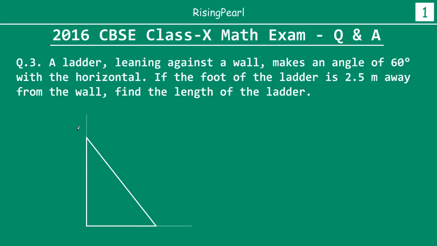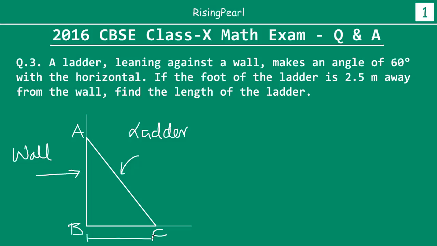Let's give a name to our right triangle. Let's say this is ABC, and this is the wall, and AC is our ladder. This is the ground, and this measure is given to us: the base of the ladder, how far away it is from the wall.